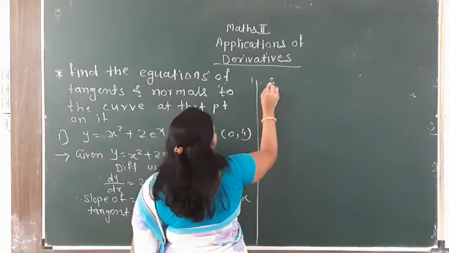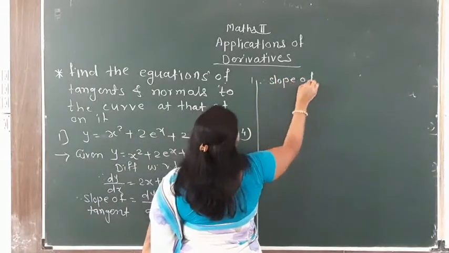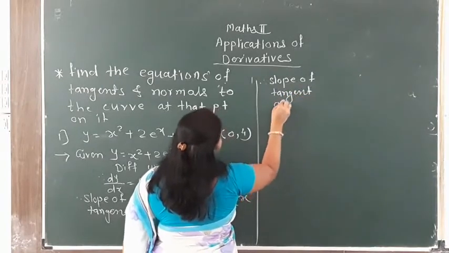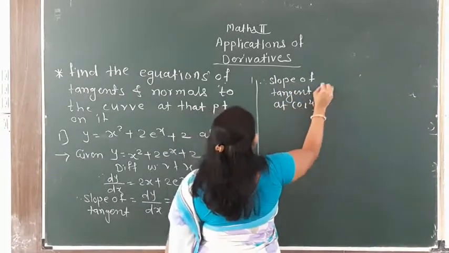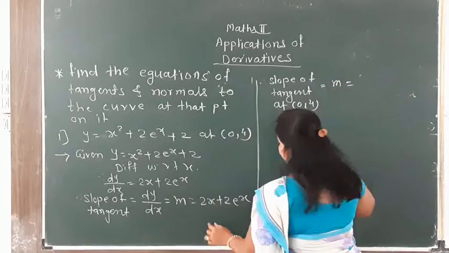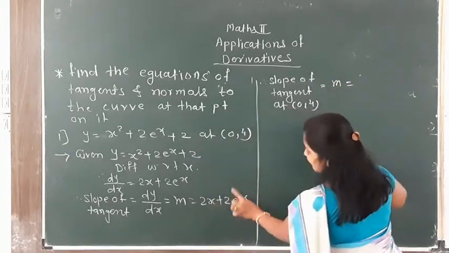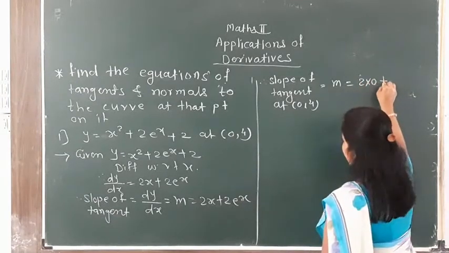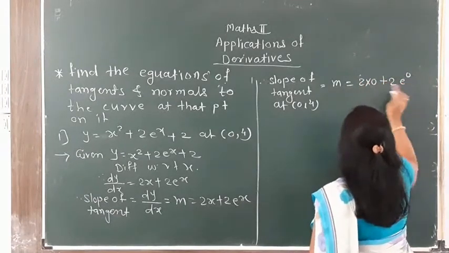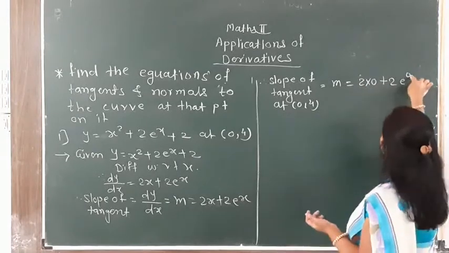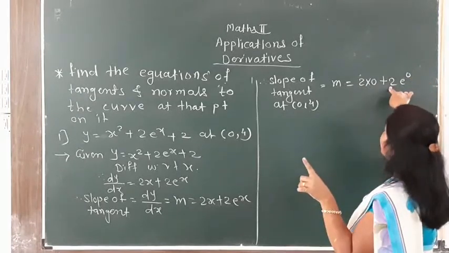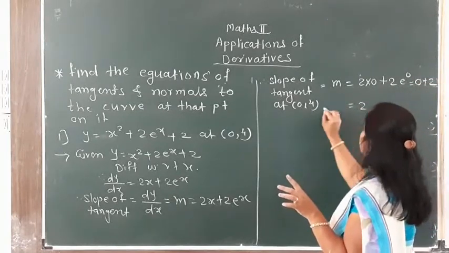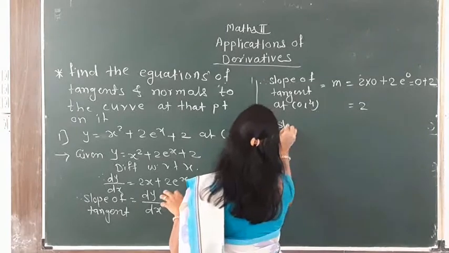So the slope of the tangent at point 0, 4: wherever there is x, substitute 0, and wherever there is y, substitute 4. So 2 multiplied by 0 is 0, e raised to 0 is 1, 1 multiplied by 2 is 2, so the answer is 0 plus 2, which is 2. So this is the slope of the tangent.